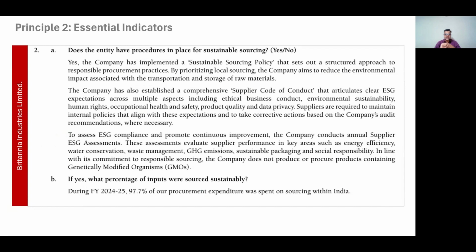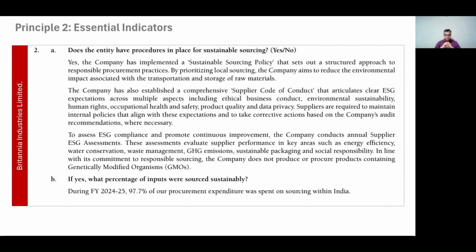B, it has a supplier code of conduct which articulates clear ESG expectations from its suppliers. And C, it has an annual supplier ESG assessment to promote continuous improvement. So the suppliers which fulfill all these criteria can only supply to Britannia Industries Limited.